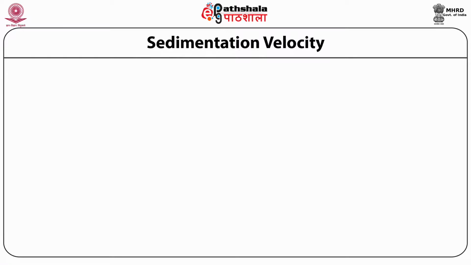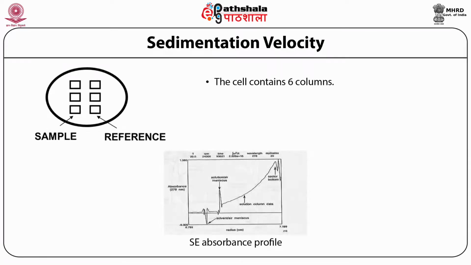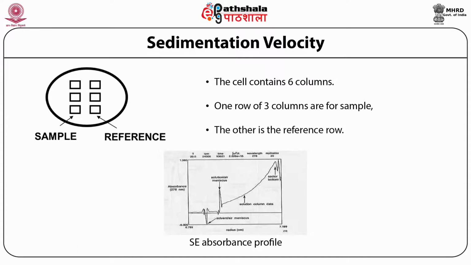Now another example is sedimentation equilibrium. In this case, the cells contain 6 columns: one row of 3 columns for the sample and another 3 for the reference. One row is the sample row and the other row is the reference row containing only solvent.